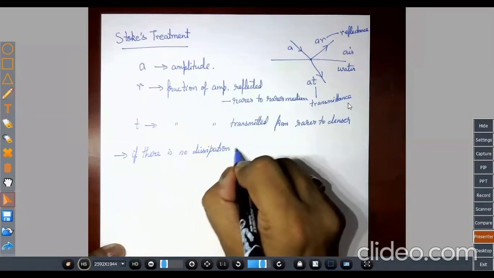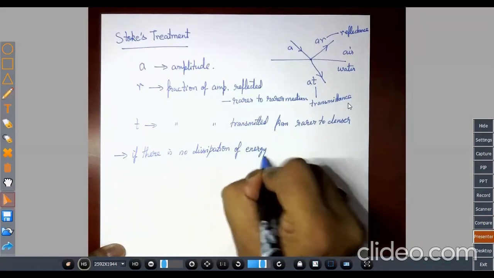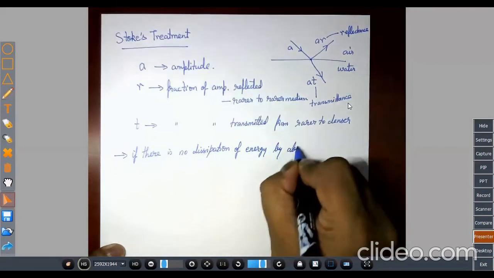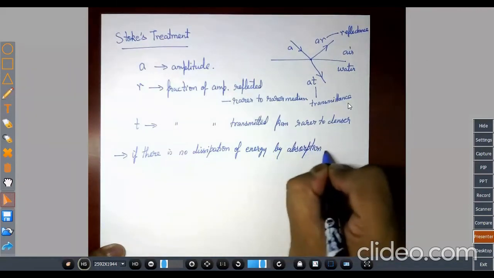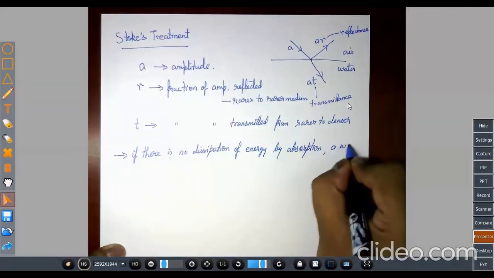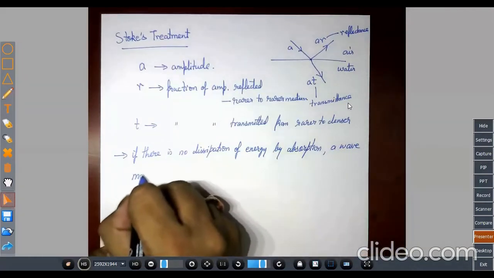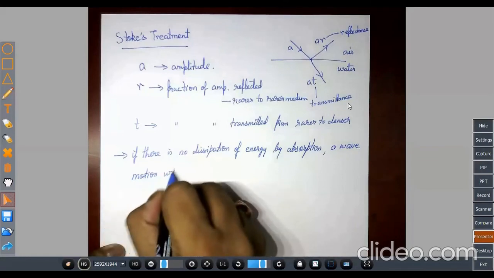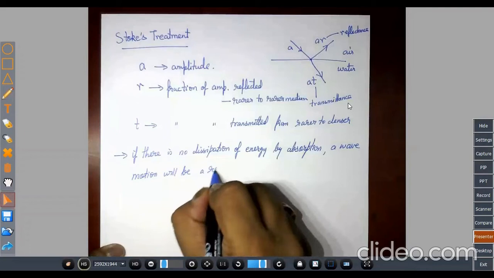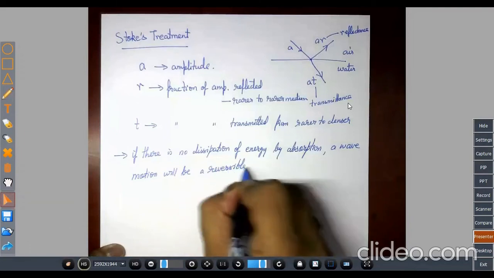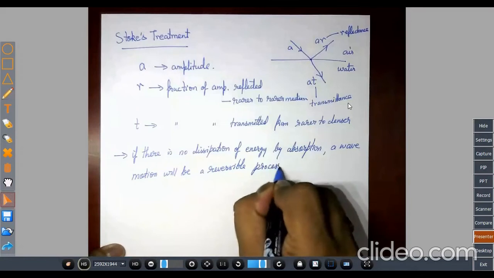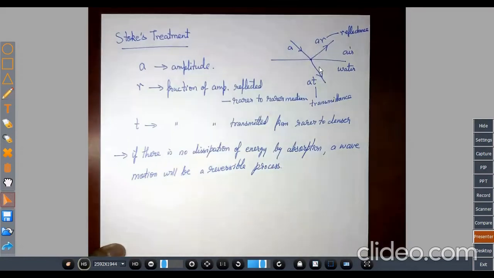If there is no dissipation of energy by absorption, a wave motion will be a reversible process. That means if there is no loss in the energy by absorption, then we can backtrace the phenomena. Let's see.